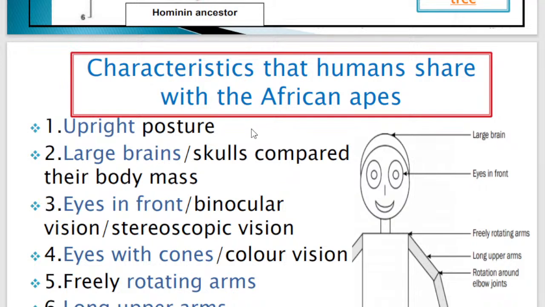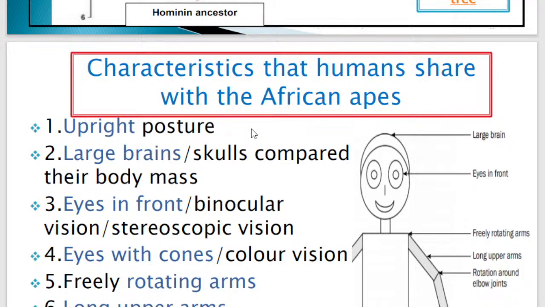Characteristics of humans which are shared with other primates. When you're answering this question, before I go to the next part which I'm interested in, basically those are the skulls. Please don't go to the paper without knowing this, not as a whole, but as different sections.